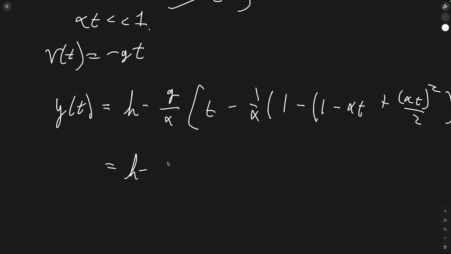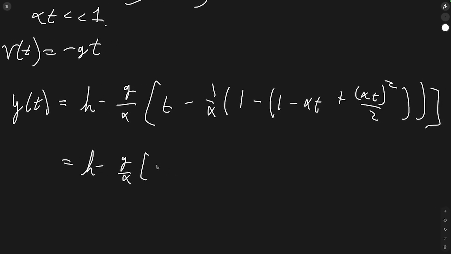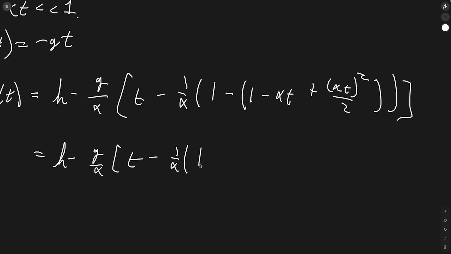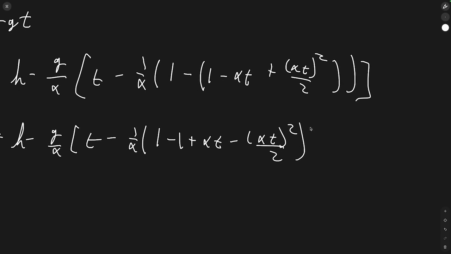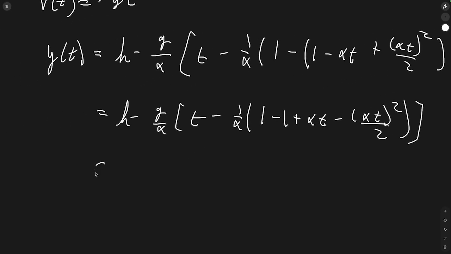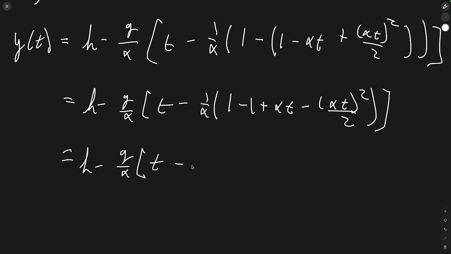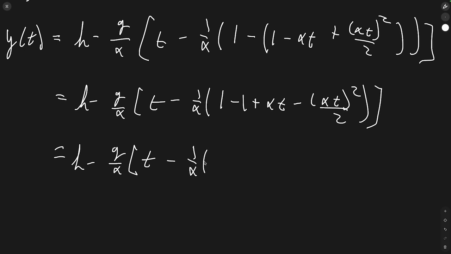So this is going to be h minus g over alpha times t minus 1 over alpha times 1 minus 1 plus alpha t minus alpha t squared over 2. Okay. H minus g over alpha times t minus 1 over alpha. 1 minus 1 is 0.